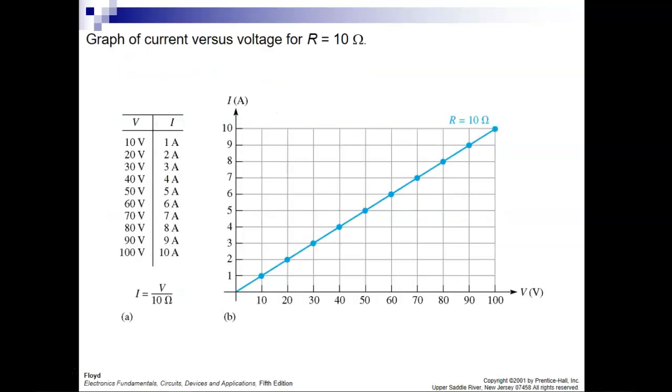All right, so in order to keep R the same, when I increase or decrease my voltage, what's happening to my current?